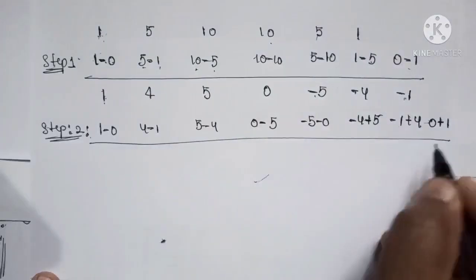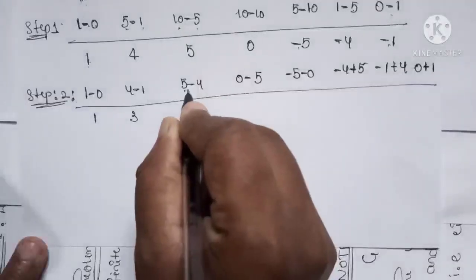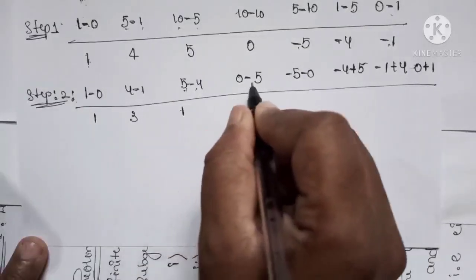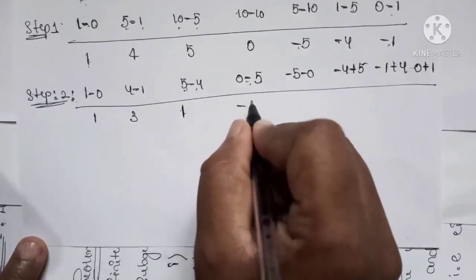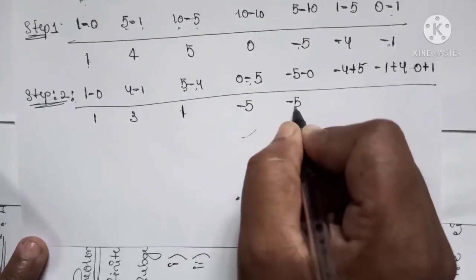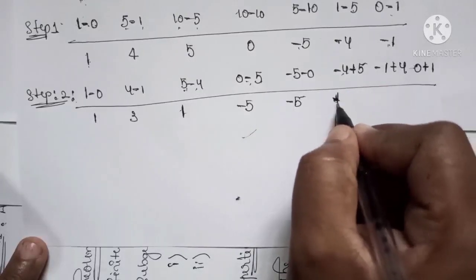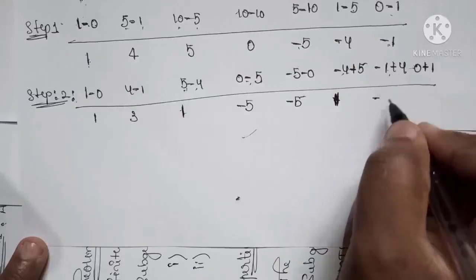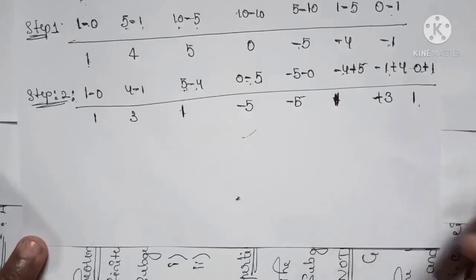Thus the constants are 1, 3, 5, minus 4, 1. Here 0 minus 5 we get minus 5, minus 5 plus 1, minus minus 1 plus 4 equals plus 3, 0 plus 1 equals 1.